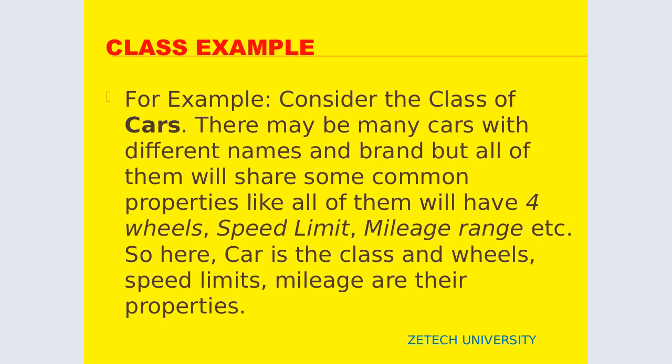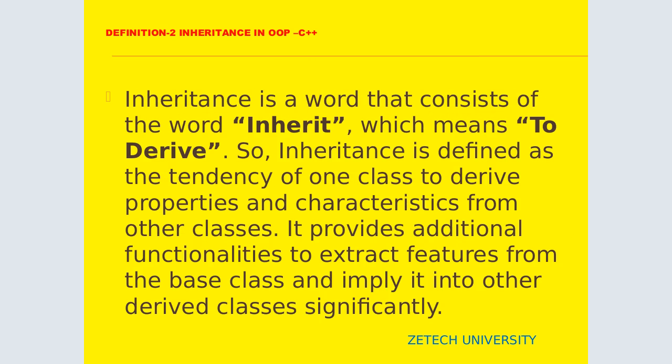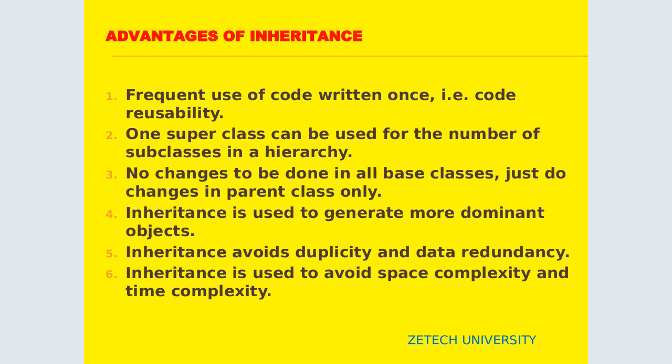By now, I'm sure you are getting the meaning of this. One superclass can be used for a number of classes in a hierarchy. In that example I've shown you the superclass value has variables value 1 and 2, which can be used by other classes through inheritance. That's an advantage. I'm sure you are still wondering, but I'm trying to help you get this concept.